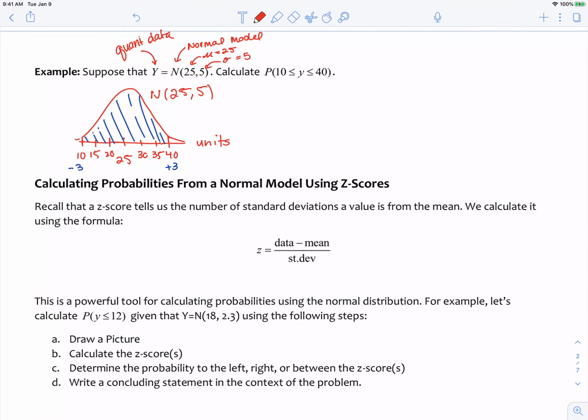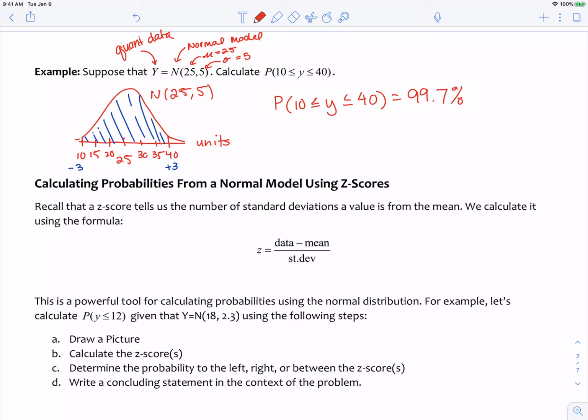And we know, again, by definition, between -3 and +3, so within 3 standard deviations of the mean, the probability is going to be 99.7%. So that's going to be 99.7% chance.